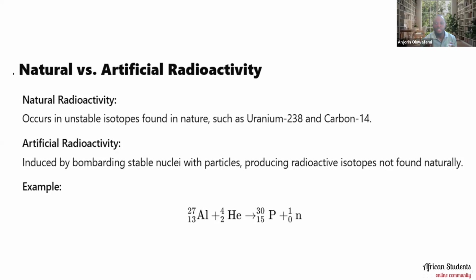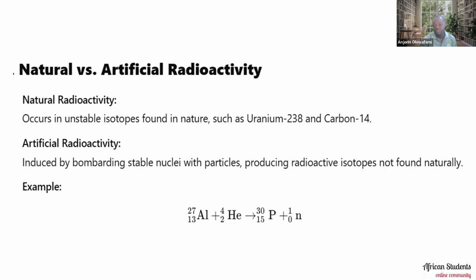An example of this is when you have aluminium with a mass number of 27 and an atomic number of 13, combined with helium, which is an alpha particle, so to speak. When you bombard aluminium with an alpha particle, what you end up with is phosphorus-30 being produced.